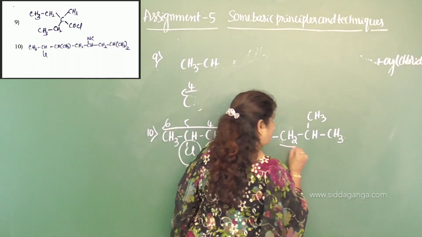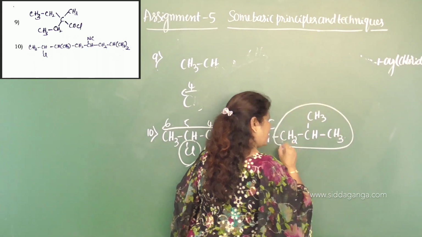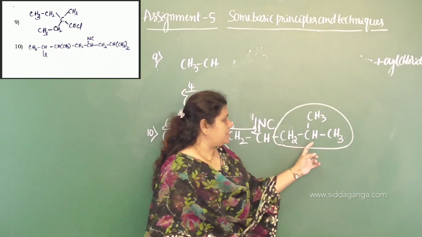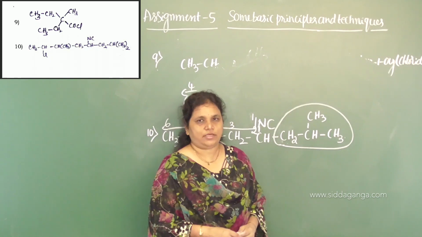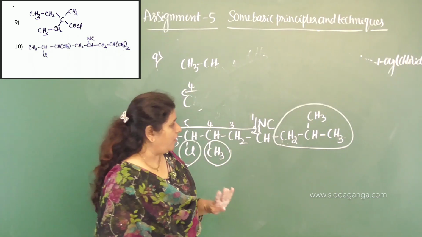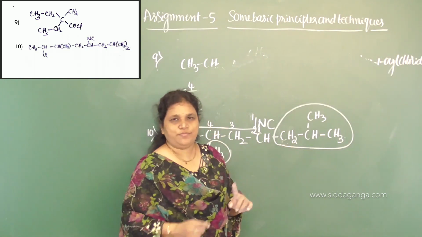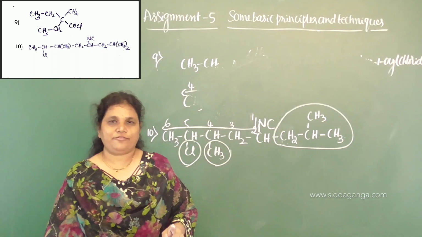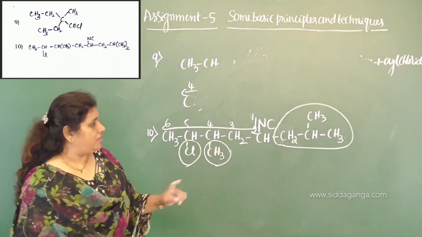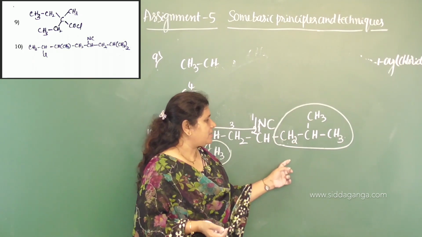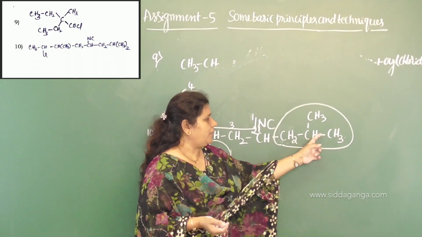And on the second carbon we have a substituent group of this type, CH2, CH3, CH3. How many carbon atoms are in the alkyl group? 4 carbon atoms and hence it is butyl. But the carbon chain is branched, therefore it is isobutyl.